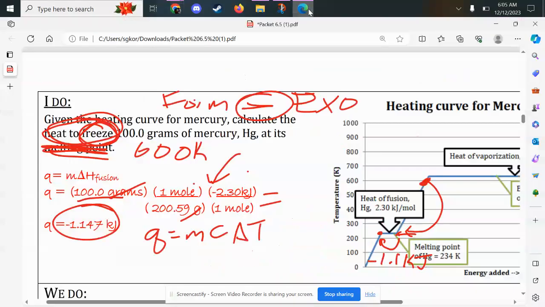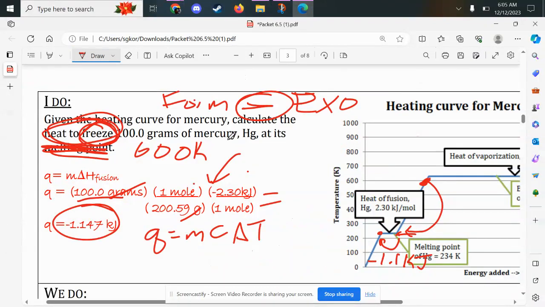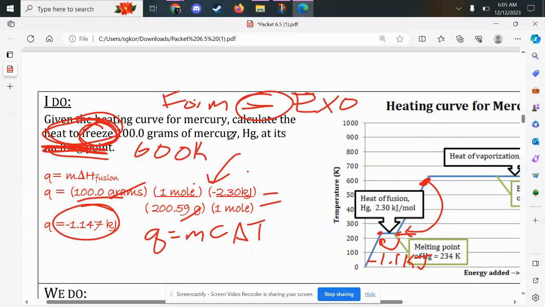We're over here. So now I need to go in and solve for the Q of actually cooling that liquid down. So this Q value is how much energy is released when I cool it down, when I start bringing them closer together. Okay. So my mass of my sample was 100 grams.